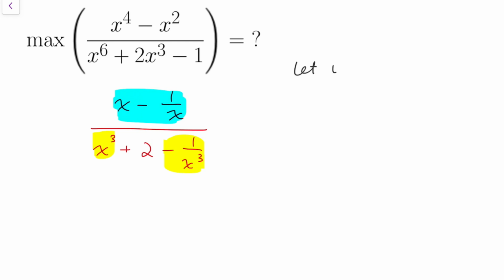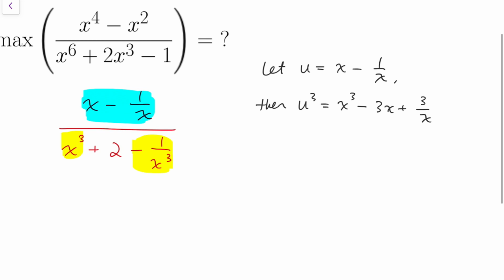Indeed, if I let u equal x minus 1 over x, then if I cube both sides, I have u cubed equals x cubed minus 3x plus 3 over x minus 1 over x cubed by the binomial theorem.